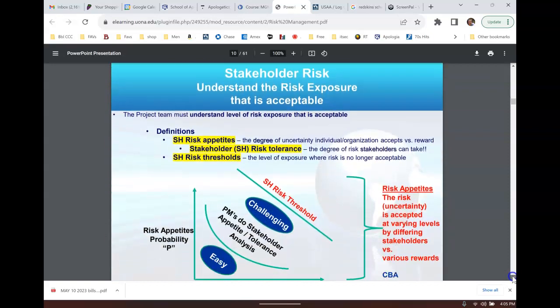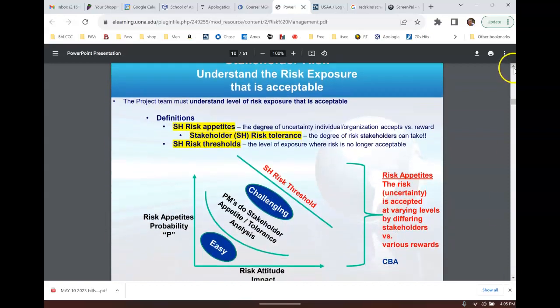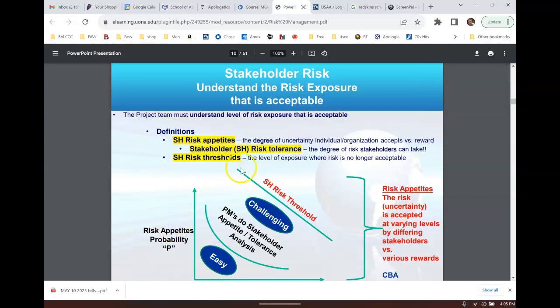Now, we can't talk risks without understanding stakeholders. So each stakeholder, as well as the company culture itself, will have a risk appetite and a risk tolerance and a risk threshold. So the risk appetite is what day-to-day you're willing to accept.